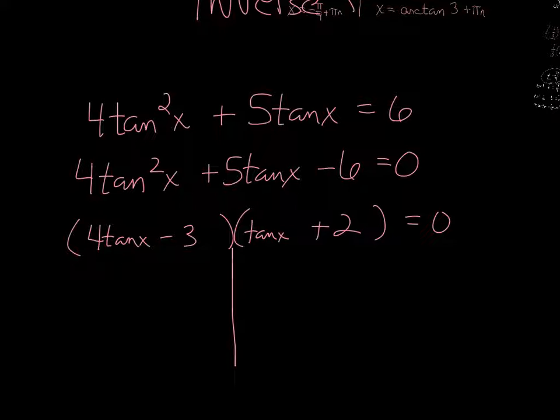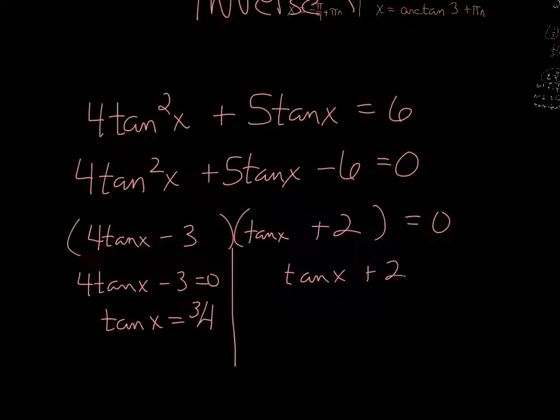So here we get that either this equals 0, so the tangent of x equals 3/4, or the tangent of x plus 2 equals 0, or the tangent of x equals -2. Do we know either one of those?